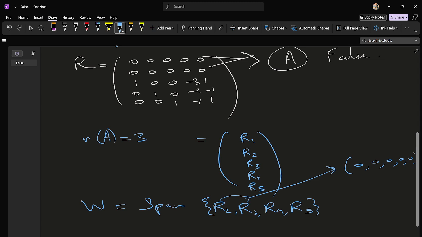Then our R4 and R5 will be either this one, or this one, or this one. So these three are linearly independent. So the dimension of this W will be greater than or equal to 2, because at least these two are linearly independent. Then it will be 2. Otherwise, if these three are linearly independent, then it will be 3. So the dimension of W will always be greater than or equal to 2 in this case.